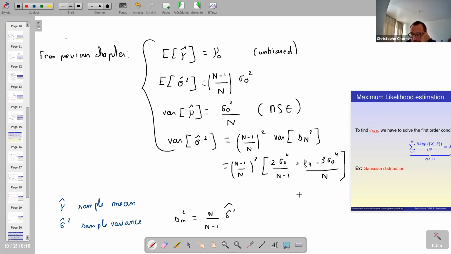But we are in the Gaussian situation, and for a Gaussian random variable mu 0,4 is equal to 3 sigma 0 to the power 4. So in the Gaussian case, this term is equal to 0.